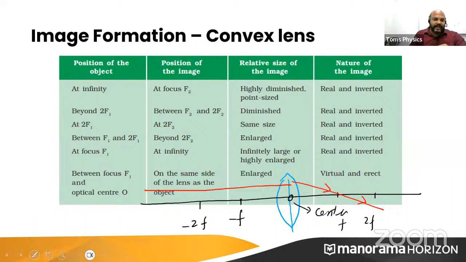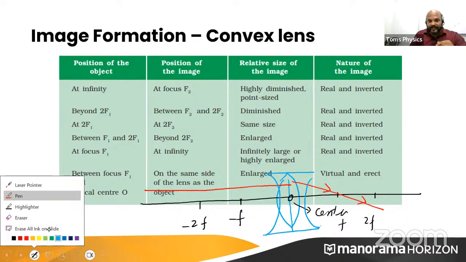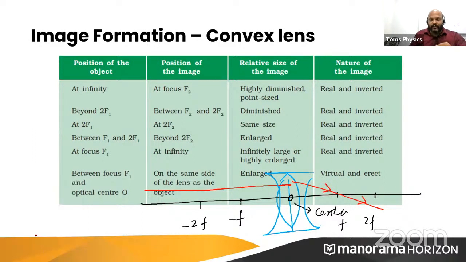So let's say I had a concave lens here. In that particular case, it's a divergent lens, right? It will not pass through the real focus. This ray would pass through the imaginary focus. So a convex lens has a real focus, while a concave lens has an imaginary focus.